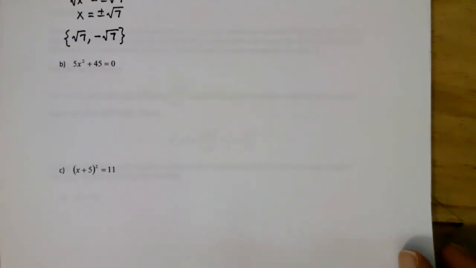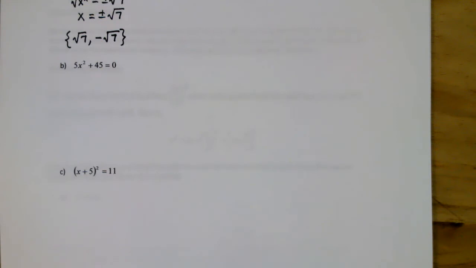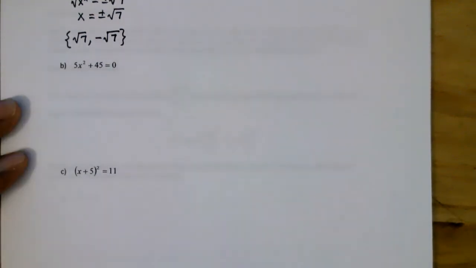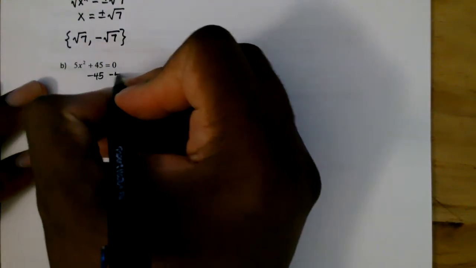All right, let's look at the next example: 5x squared plus 45 equals 0. And we want to solve this equation as well. So we have to do the same thing we did in part A, get the x squared by itself. First of all, we need to do something with the plus 45, and that is subtract 45 on both sides.